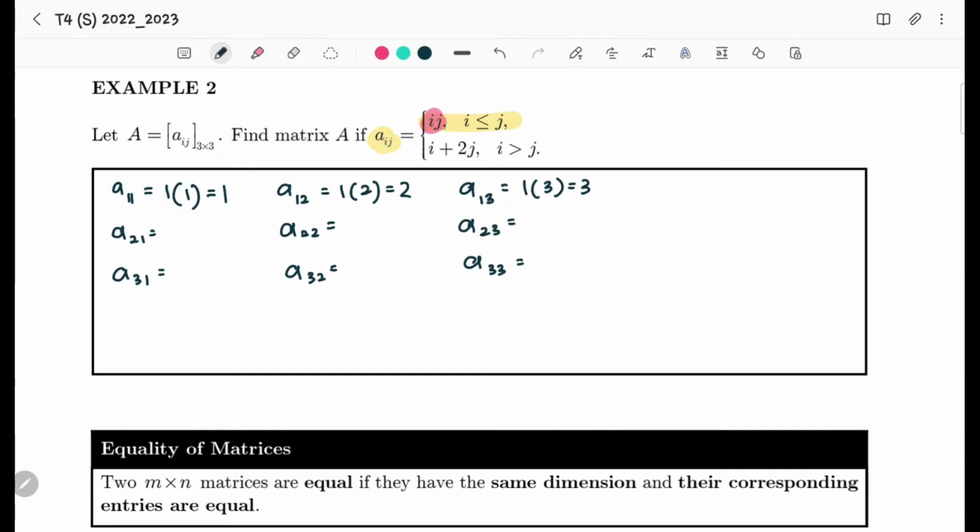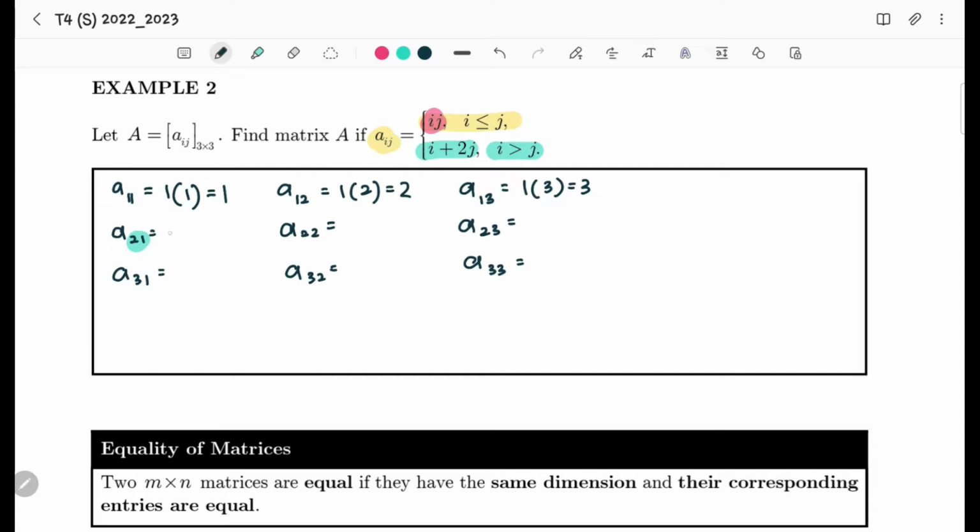Then the next one, i is equal to 2 and j is equal to 1. Here, let me show you. i equals 2, j equals 1. That means i is greater than j. So we follow this function, i plus 2j.